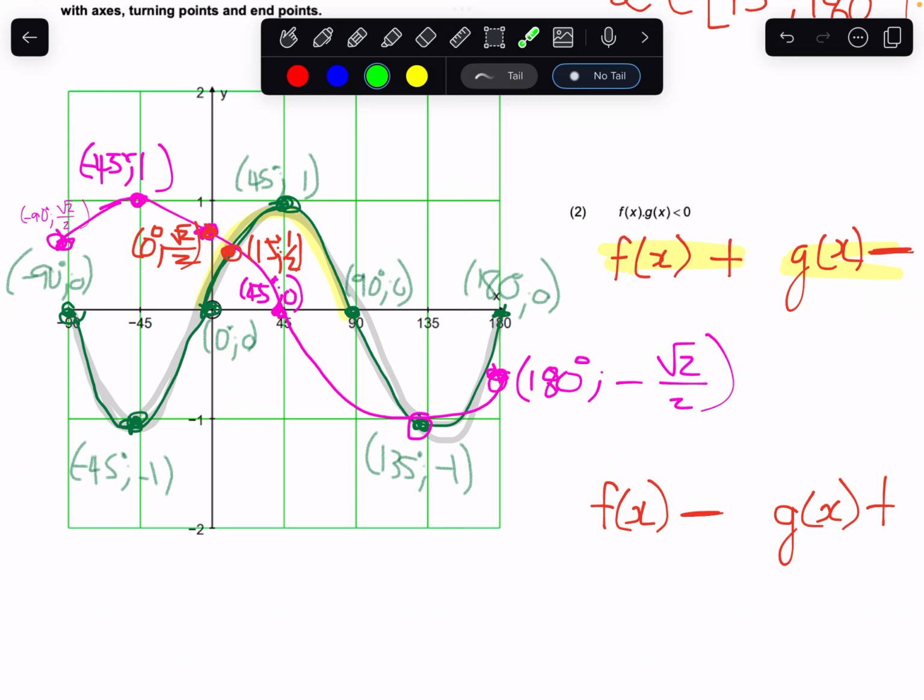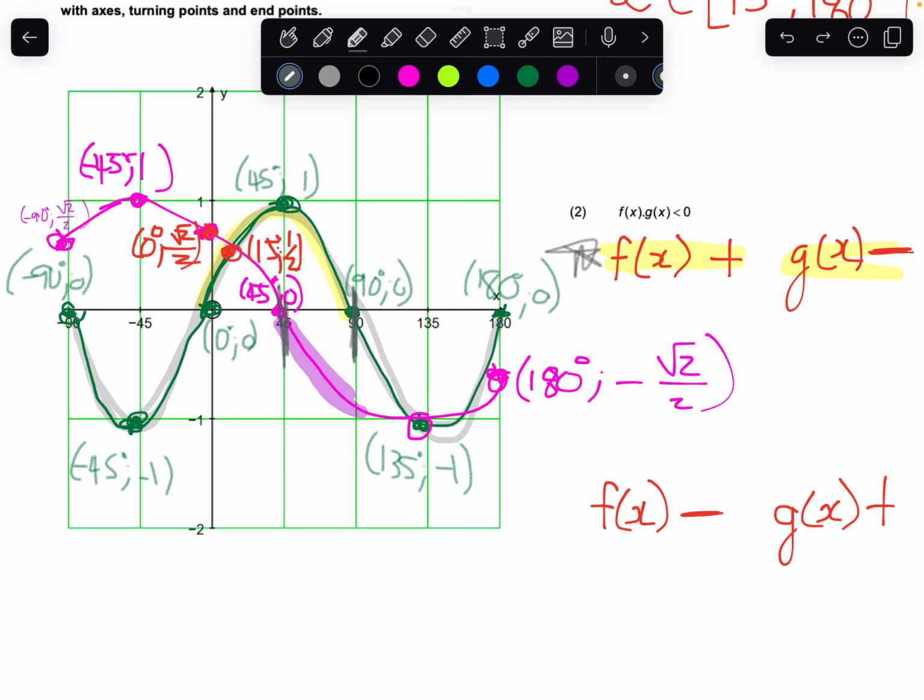So over here we're now getting negative y values. So this is one of the intervals where this condition is satisfied, right? From 45 until 90, we have f giving us positive y values and g giving us negative y values.